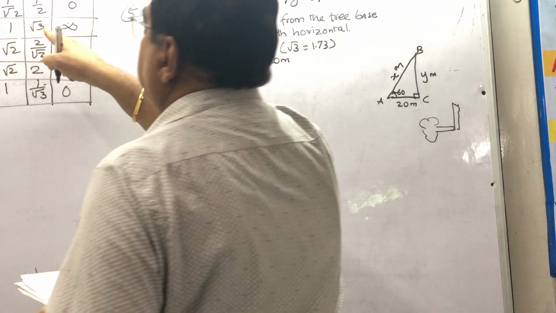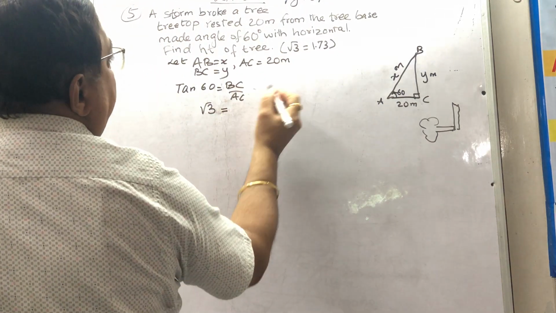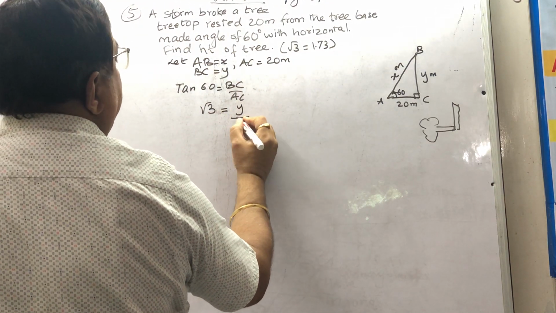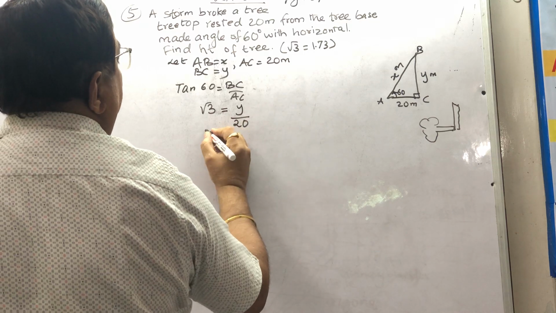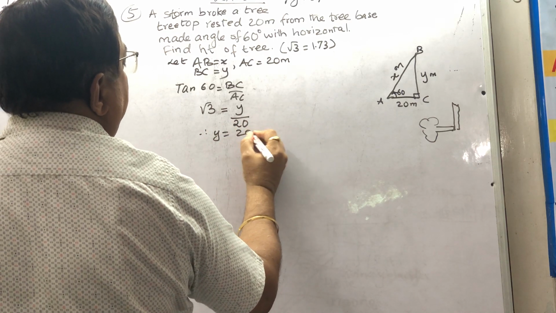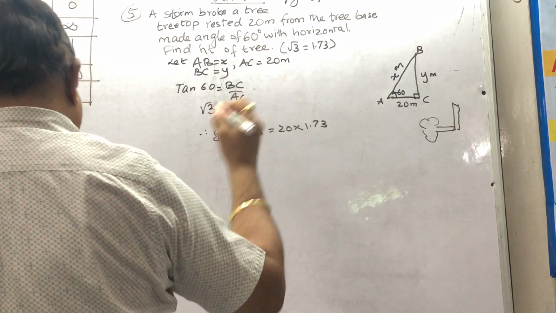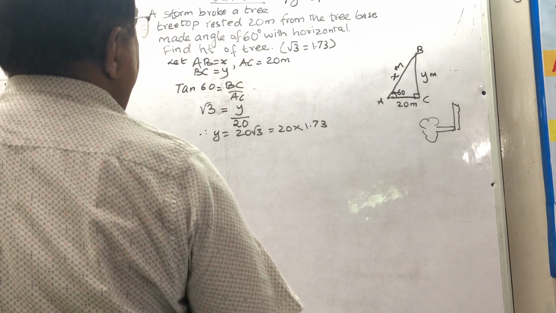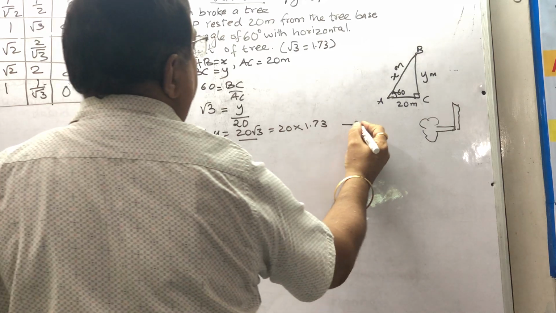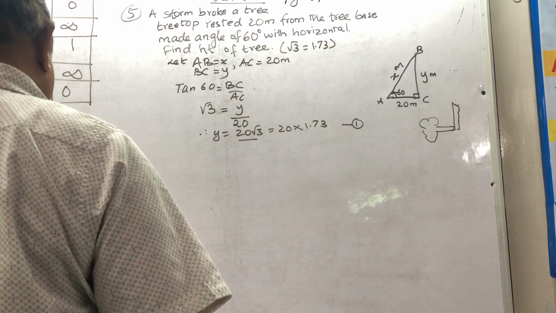Tan of 60, root 3, is BC is y, AC is 20. Therefore, y is 20 root 3, 20 times 1.73. Or we will leave it here first. This is number 1. I have found one value.